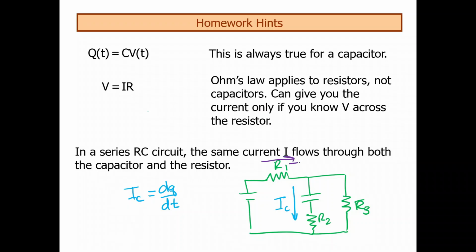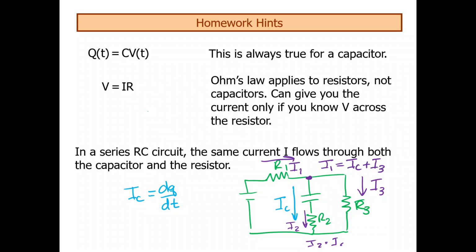You might have IR1, or just I1, which is the current through resistor R1. You might have I3 as the current through resistor R3. I2 would equal IC because those are in the same branch. You would then have junction rules. So I'd have a junction rule right here that says that I1 is equal to IC plus I3.